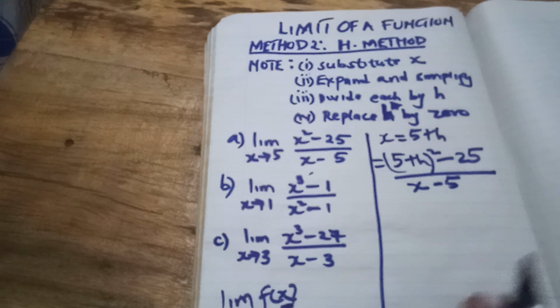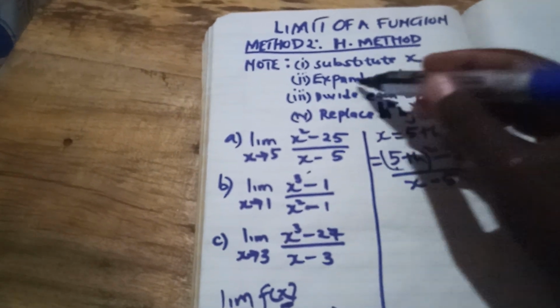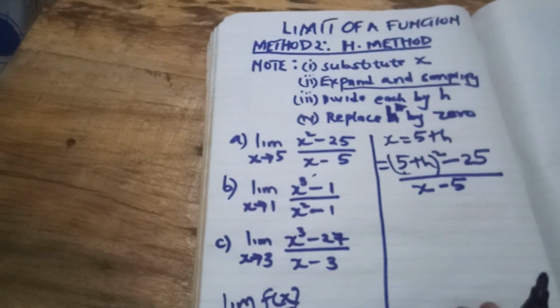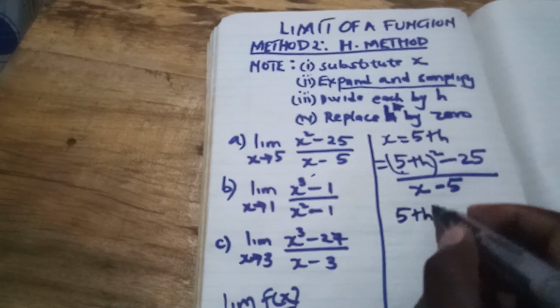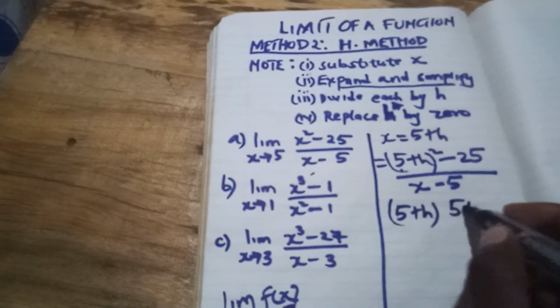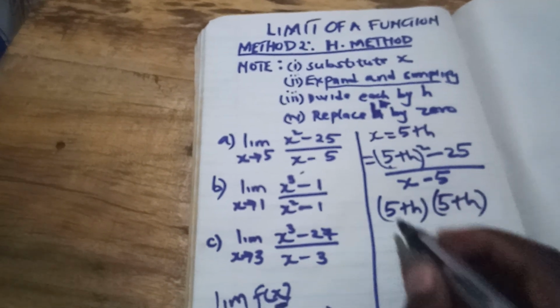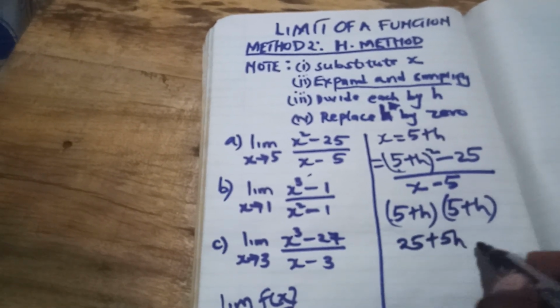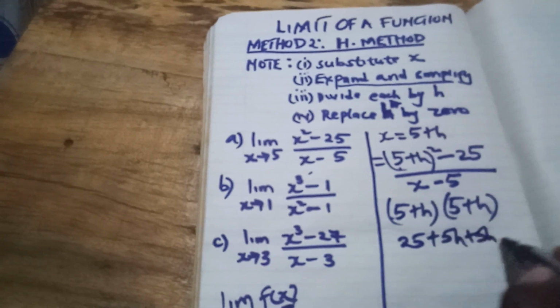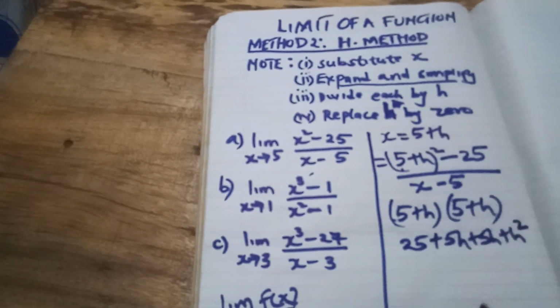Then we have to expand and simplify. This is (5 plus h)(5 plus h), which gives 25 plus 5h plus 5h plus h squared.